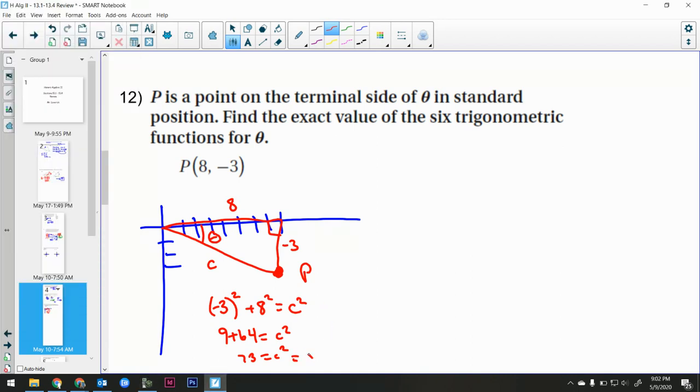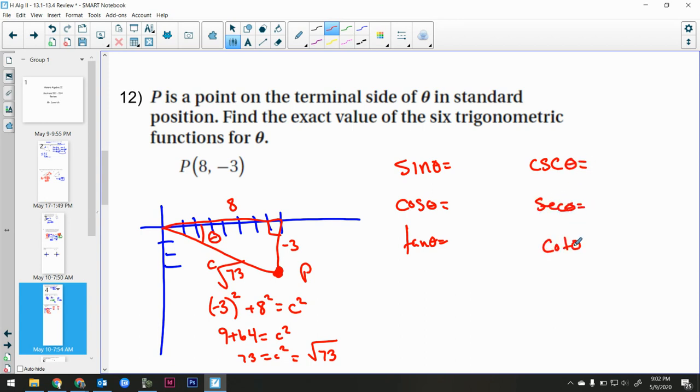So we're just going to call that the square root of 73. Okay, all right, now at this point, I find the 6 trig ratios, just like I do in my very first problem. We're going to find sine theta, cosine theta, tangent theta, and we're going to find cosecant theta, secant theta, and cotangent theta.